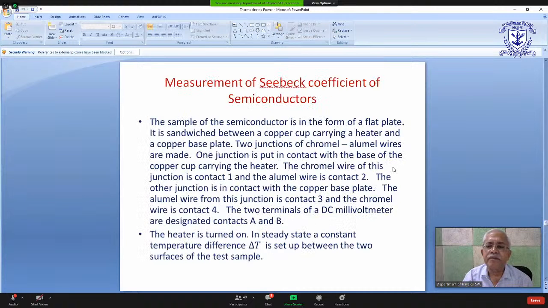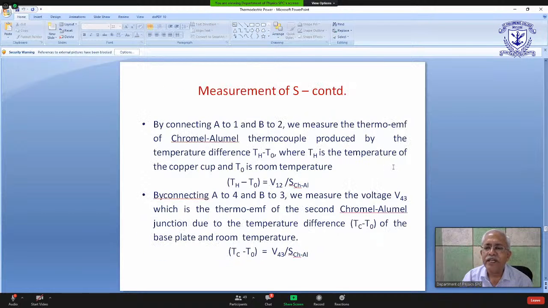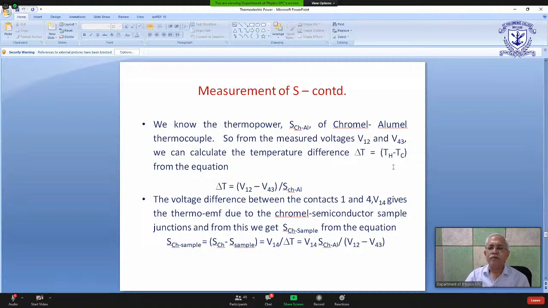One is the chromel wire of junction 1. 4 is the chromel wire of junction 2. Okay. So that is the potential difference one can measure with the voltmeter.